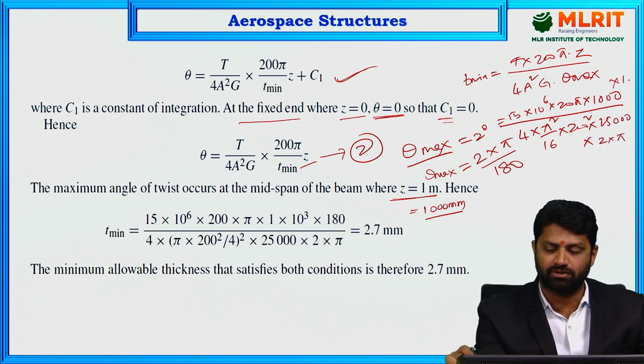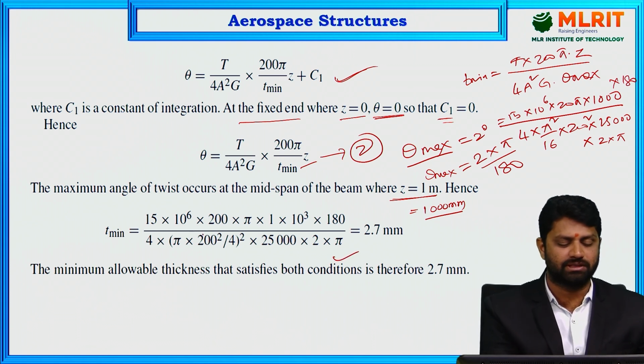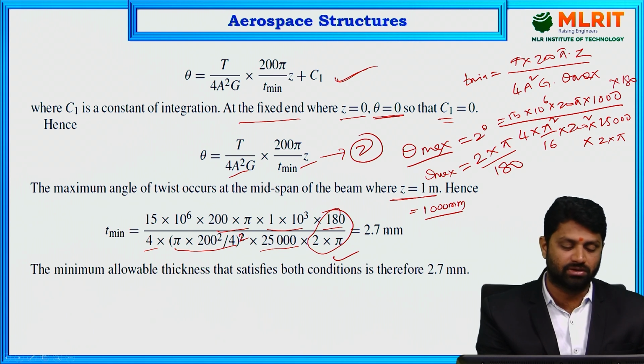So overall it is shown here: 15 into 10 power 6, 200 pi into 1 into 10 power 3 into 180, that is 2 pi, into 4, and area is pi by 4 d square, and since you have area square, you square it, and the modulus of rigidity is 25,000. When you calculate this, you get the minimum thickness as 2.7 mm.